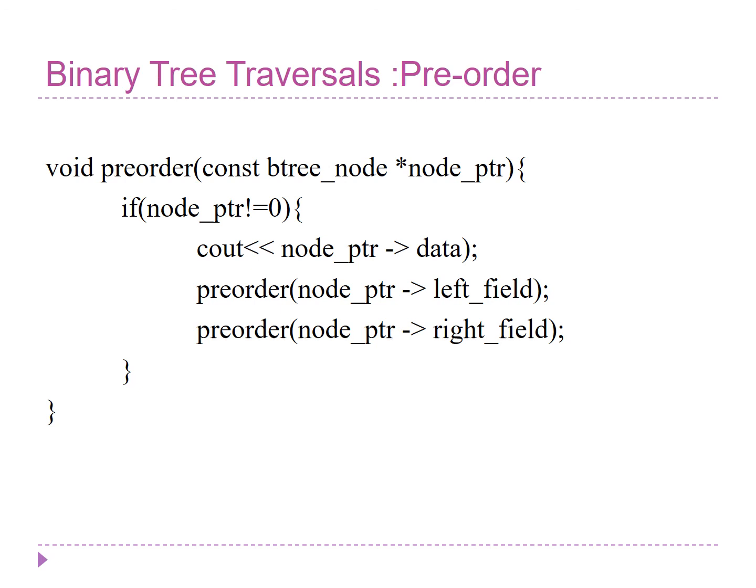Similar to the inOrder traversal function, the preorder traversal function receives the root node as input. It processes the root node. It does a recursive call to the left subtree, followed by the recursive call to the right subtree.